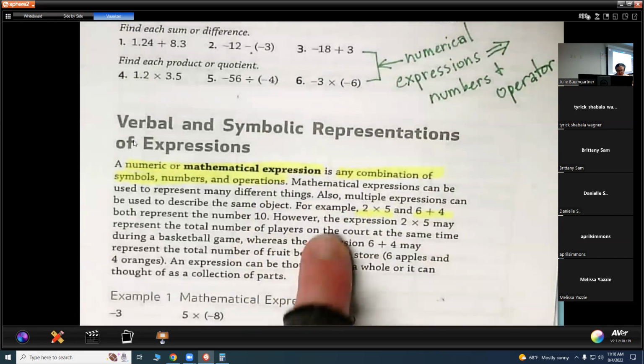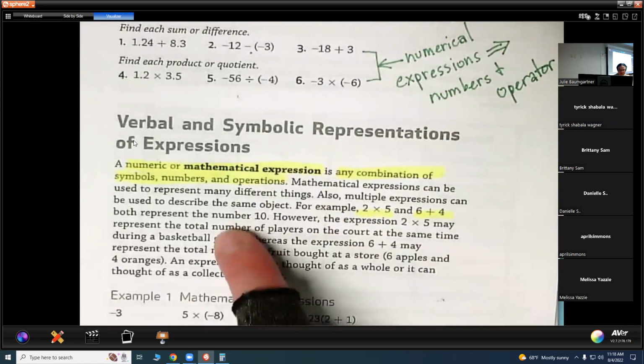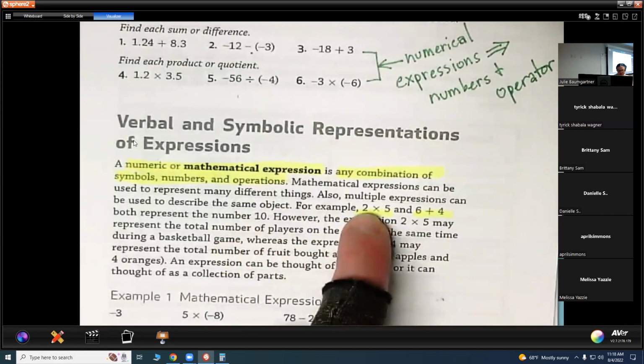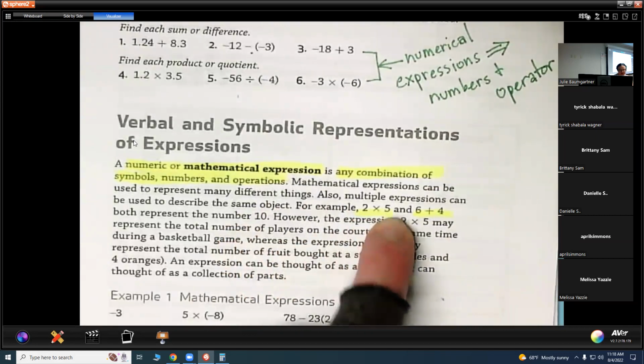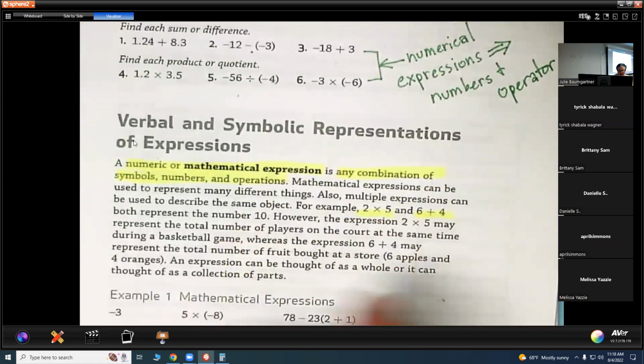But here they're saying, well, we might use 2 times 5 to represent the total number of players on a basketball court, because there's 2 teams with 5 players. Whereas we might use adding to represent the total number of fruits, 6 apples, 4 oranges bought at the store.